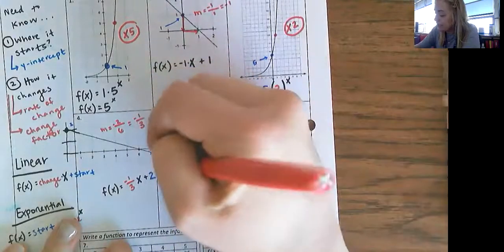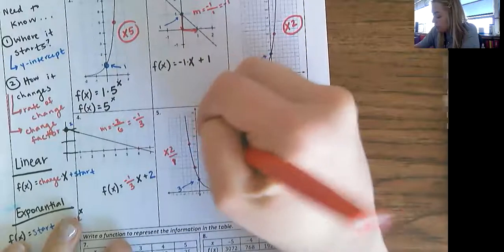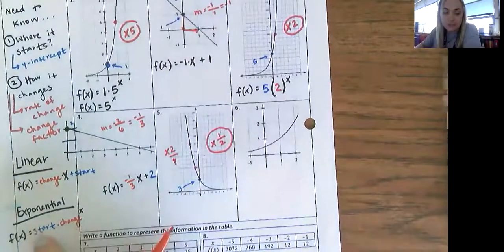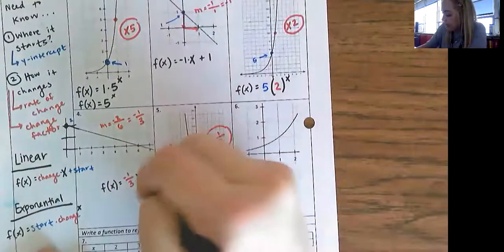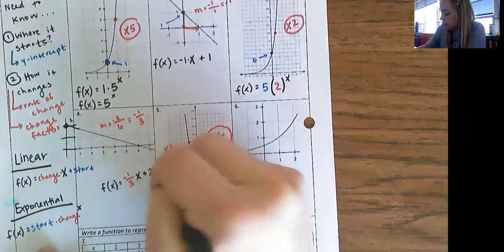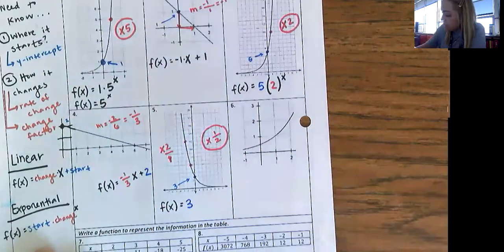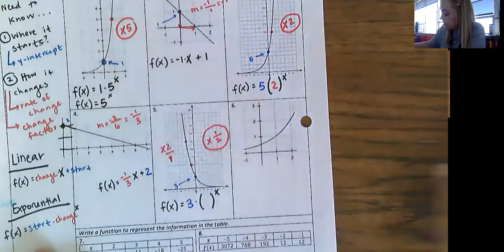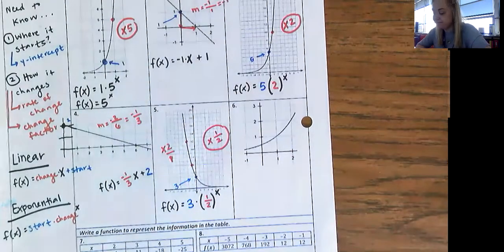So I need to figure out 2 over 1, flip it. That makes my change factor 1/2. It has to be on the right. So f of x equals the start times the change to the power of x. So I will say f of x equals the start, which was 3, times the change, which is 1/2, to the power of x.